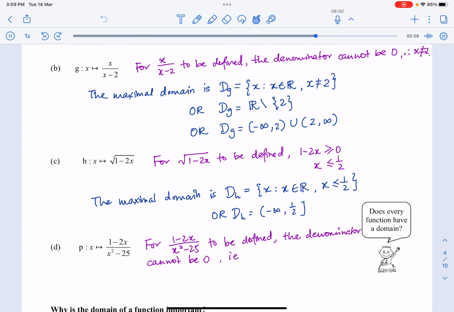Which means that x squared minus 25 cannot be equal to 0. So x squared cannot be equal to 25, and therefore x cannot be equal to plus or minus 5.